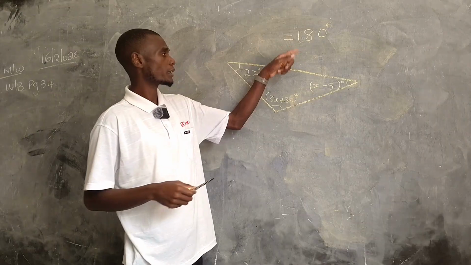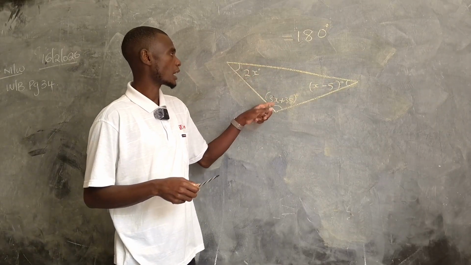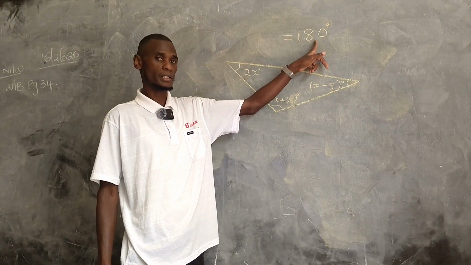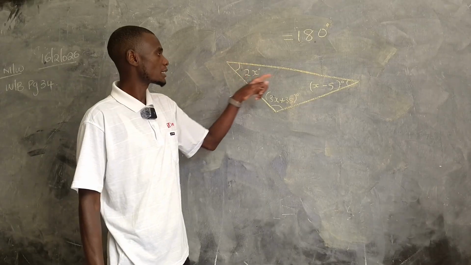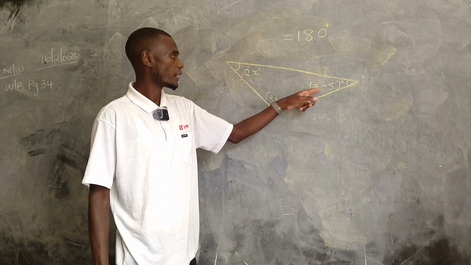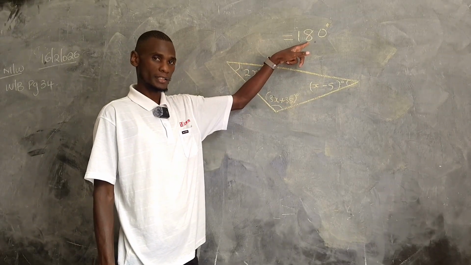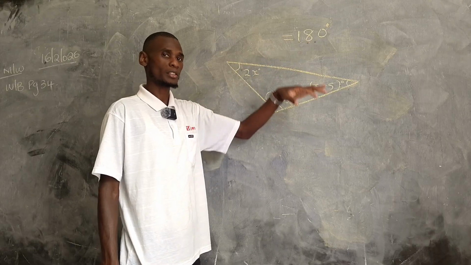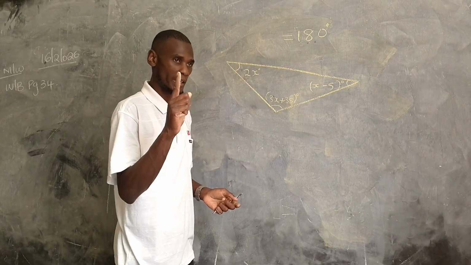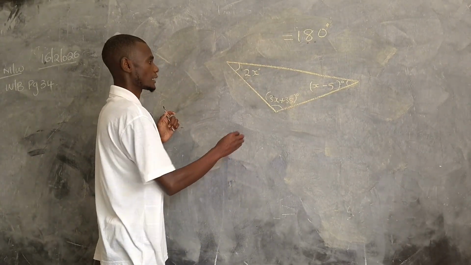So after knowing that if I add these 3 angles, I'm supposed to get 180 degrees, I'm going to use these angles that have been given here and equate it to 180. From there, we will solve to get the value of x. So let us go.